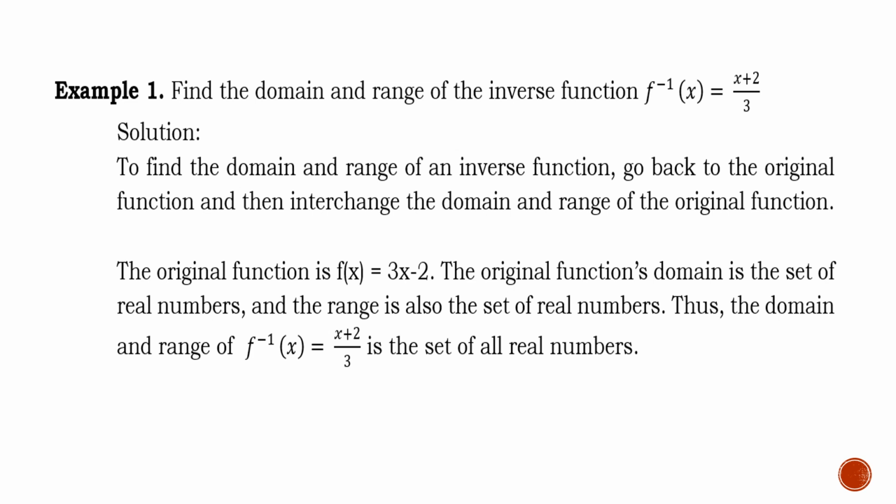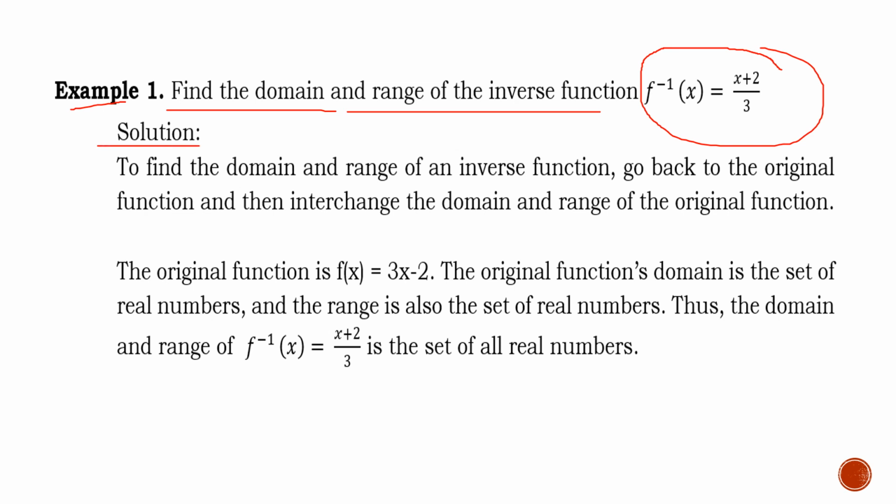So for example number 1, we're asked to find the domain and range of the inverse function f raised to negative 1 of x equal to x plus 2 over 3. For our solution, to find the domain and range of an inverse function, we go back to the original function and then interchange the domain and range of the original function.